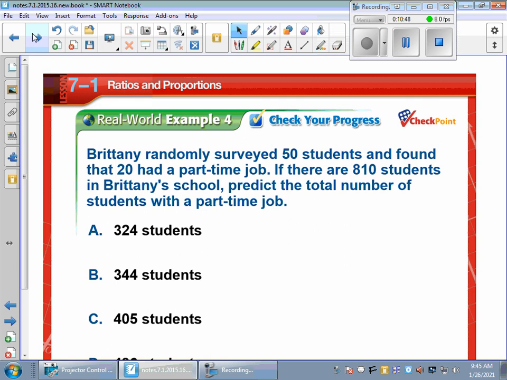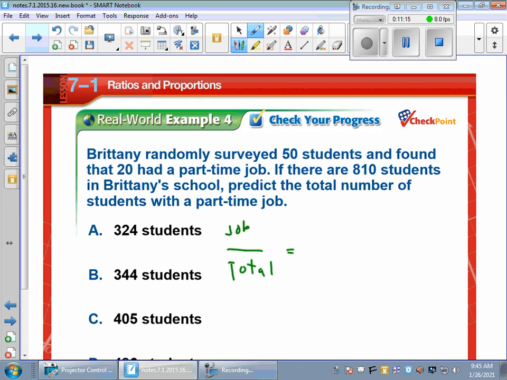When we take a look at this one here, it says we have a random survey of 50 students and found that 20 had a part-time job. Then it says there are 810 students in the school, predict the number that will have a part-time job. So you just have to be consistent. Most people put total on the bottom, and then people with the job on the top.